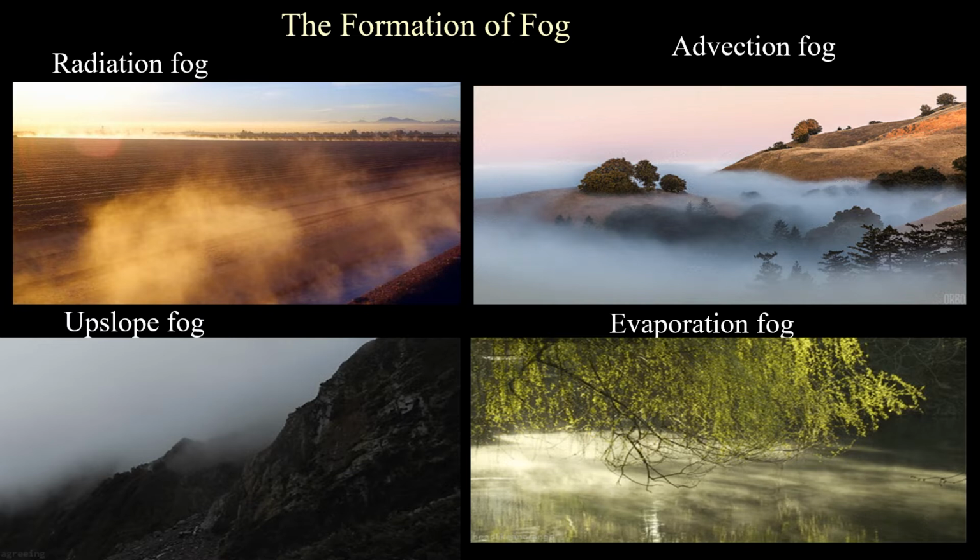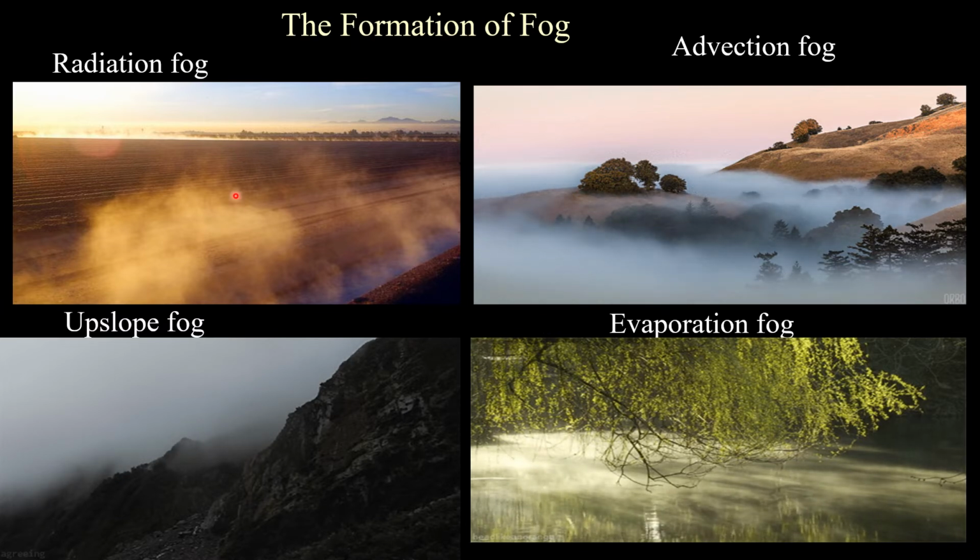During the night time, the terrestrial radiation gives away the heat, and that cools down the earth's surface, and the air adjacent to the earth's surface becomes cold. That means the temperature lowers, relative humidity increases and reaches the dew point temperature.